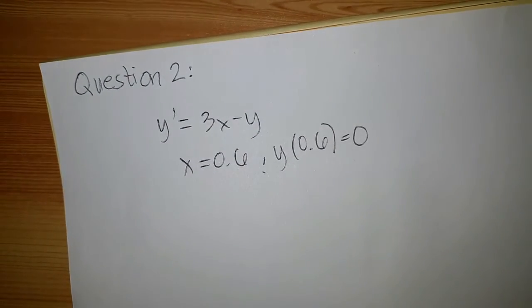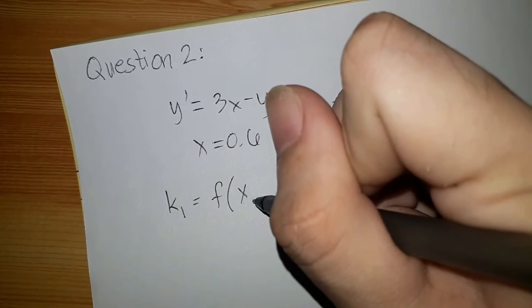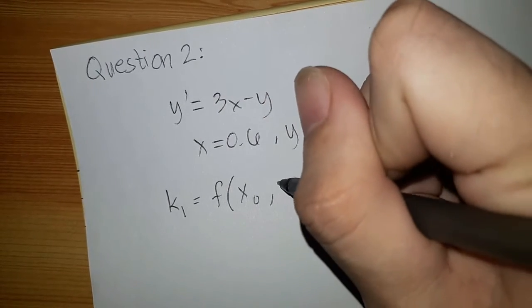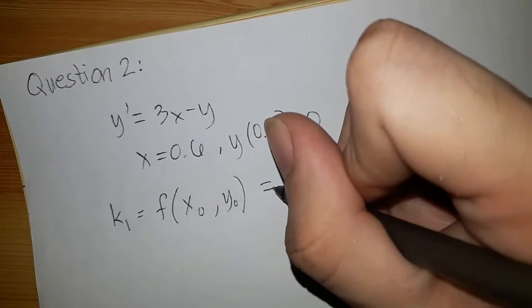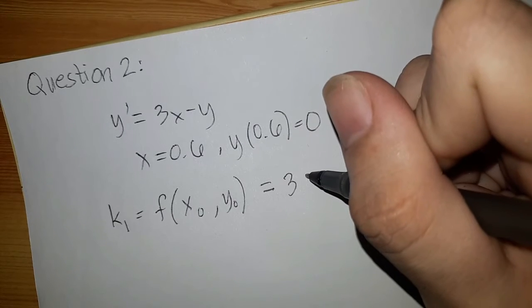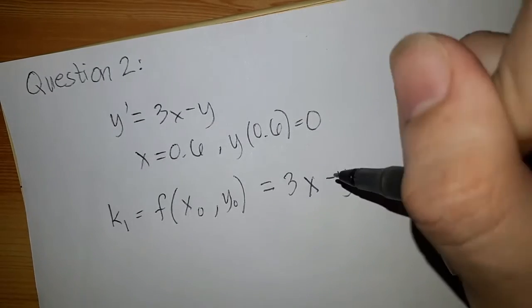is equal to 0. Before we are able to determine y sub 1, we first need to determine k1 to k4. So let us first solve k1. For k1, it is the function of x sub 0 and y sub 0, which is equal to 3x minus y.